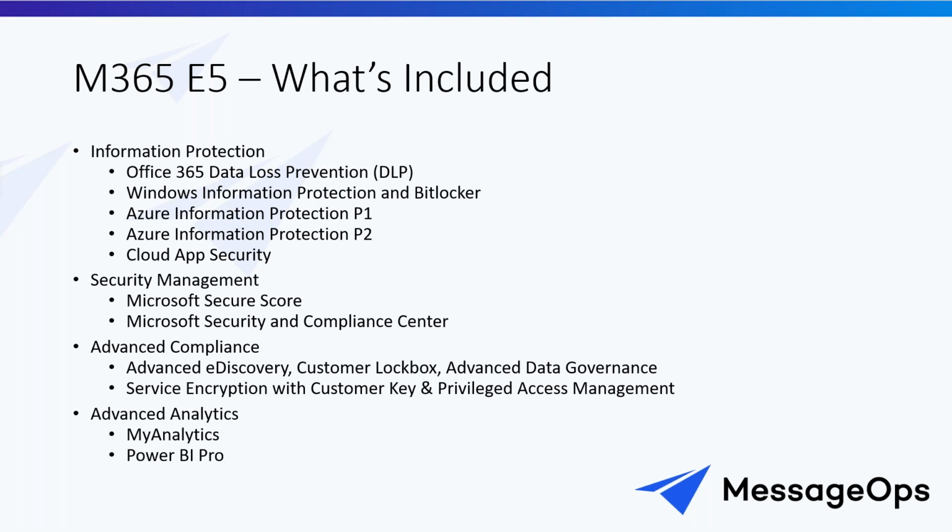The other key part of this is privileged access management. If you have a remote workforce today, you don't necessarily want those remote workers to always have full global admin rights inside your Azure or Office 365 tenant. Having privileged access management grants them rights, let's say between 8 a.m. and 12 o'clock noon.